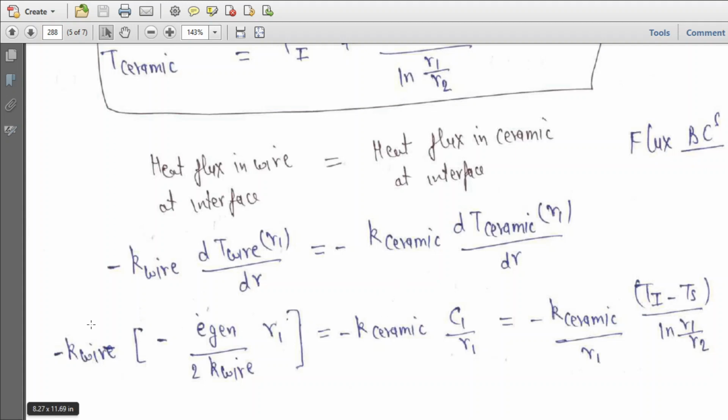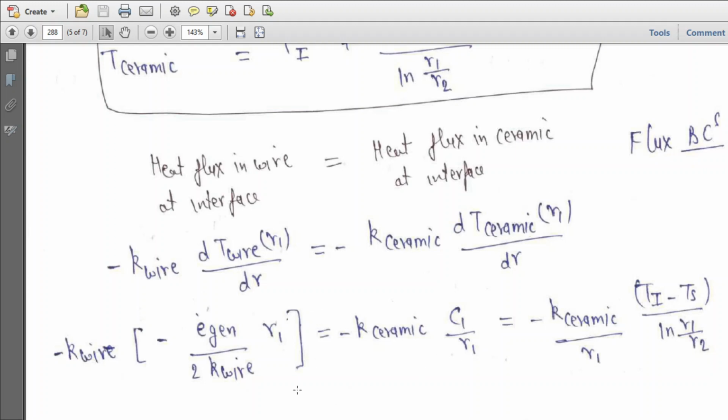By equating that, you get minus k wire times minus E dot generation upon 2k wire into R1 equal to minus k ceramic C3 upon R1, equal to minus k ceramic upon R1 times Ti minus Ts upon ln R1 upon R2.